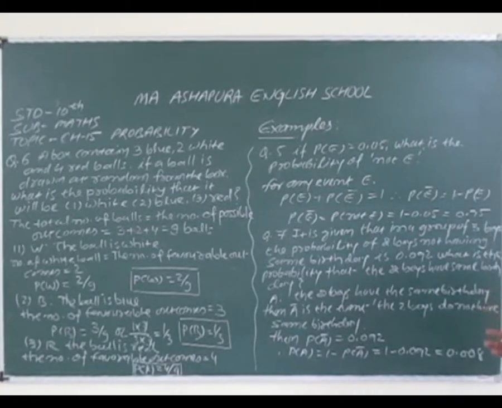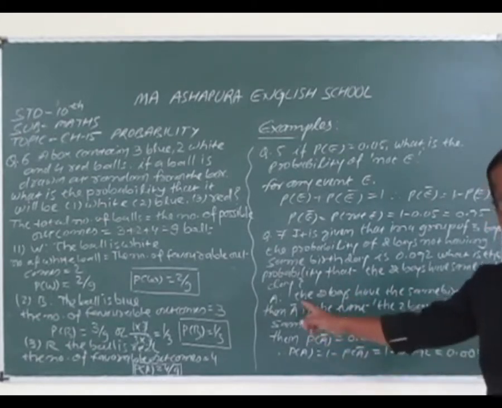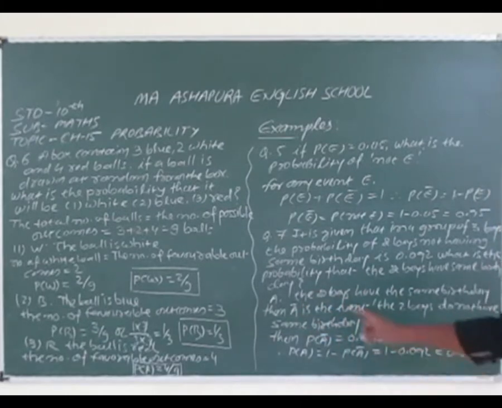So here, let event A be the 2 boys have the same birthday. Then not event A, called A bar, is the event that the 2 boys do not have the same birthday.